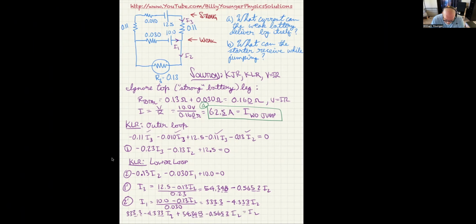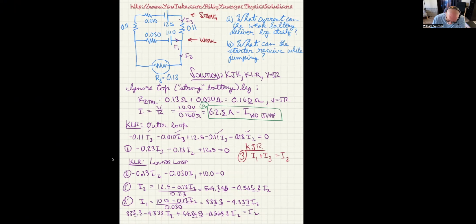But what we've done is we've actually implemented that in this case right here. So what I've done, even though it doesn't show it in these notes, is I took equation, let's call this equation 3, and that equation 3 was Kirchhoff's junction rule, I1 plus I3 is equal to I2, and that's Kirchhoff's junction rule.